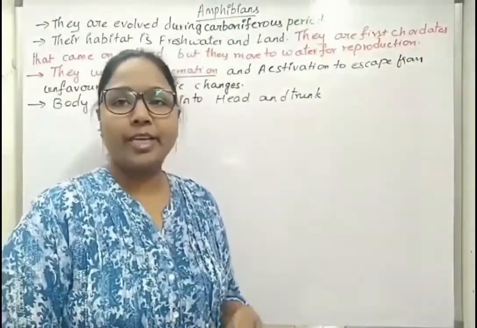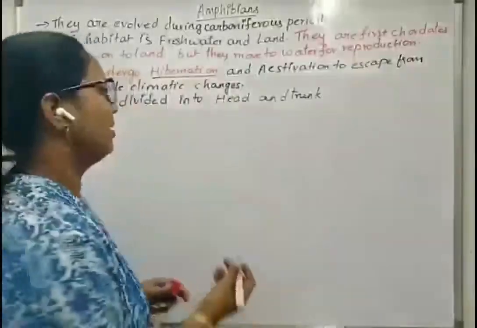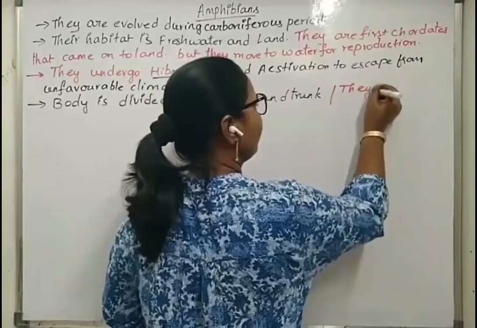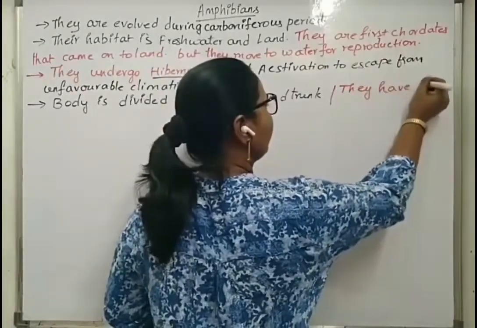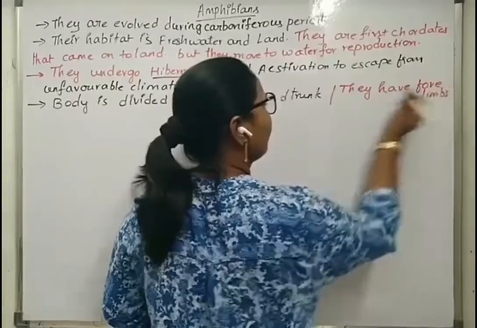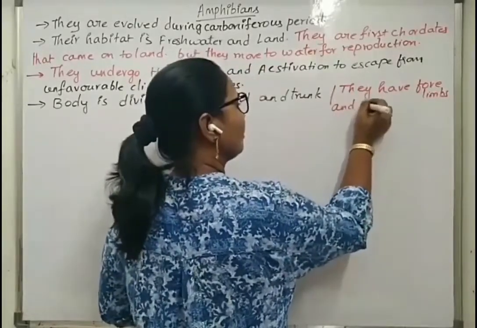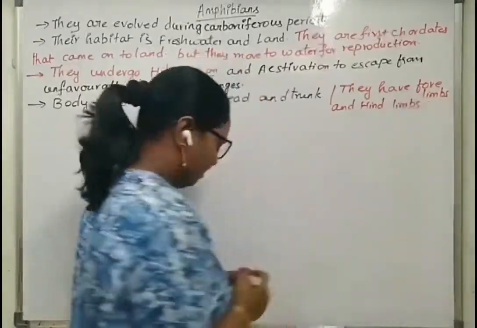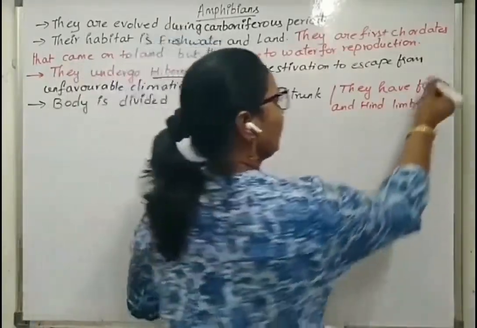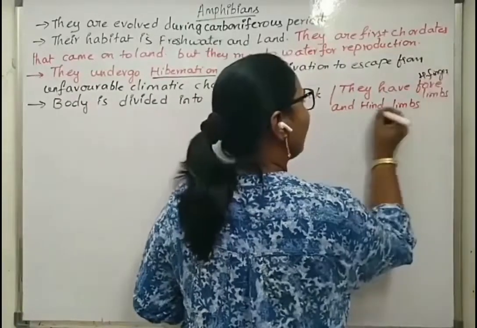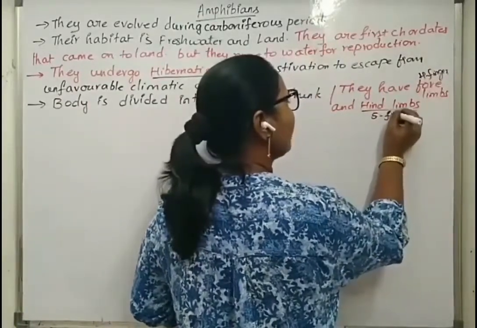Hind limbs have 5 digits or 5 fingers. Forelimbs have 4 fingers. Hind limbs have 5 fingers.